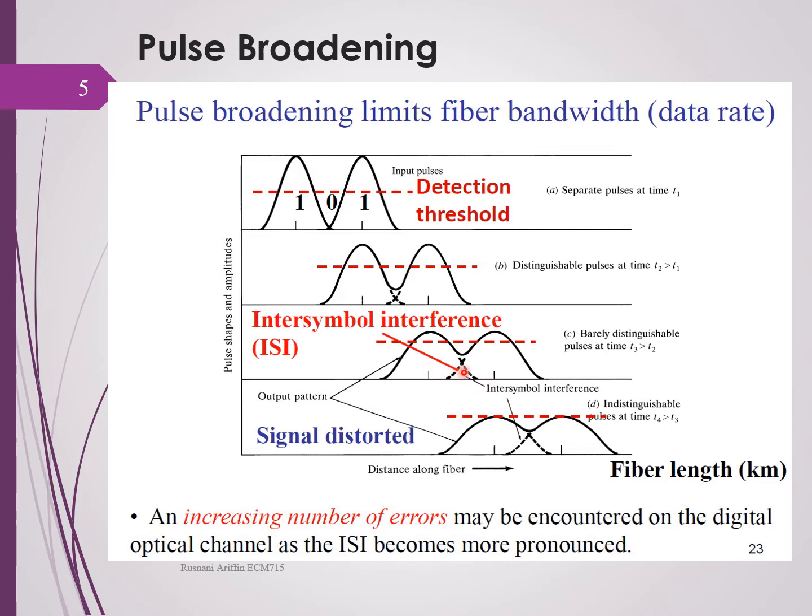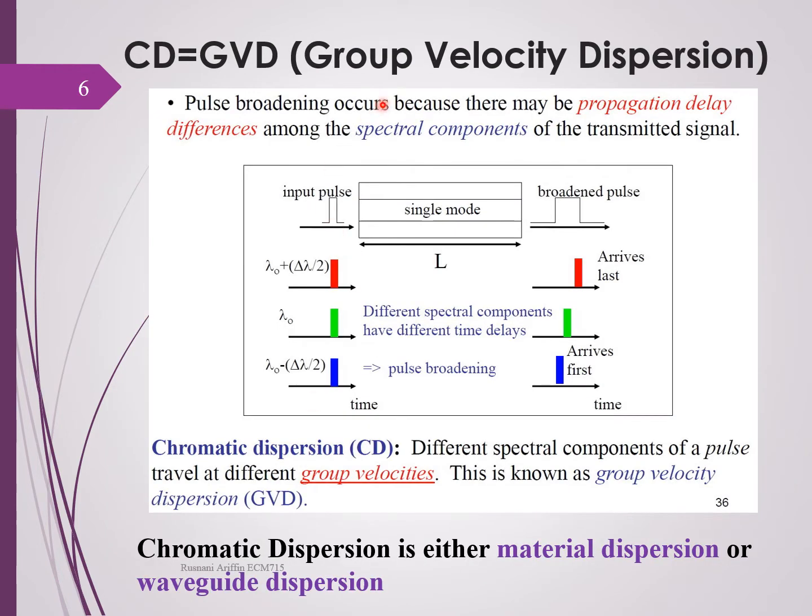So 101 can hardly be determined. Finally, at the receiver, the signal is already distorted and we can hardly read 101; it is indistinguishable. An increasing number of errors may be encountered on the digital optical channel as ISI, intersymbol interference, becomes more pronounced.